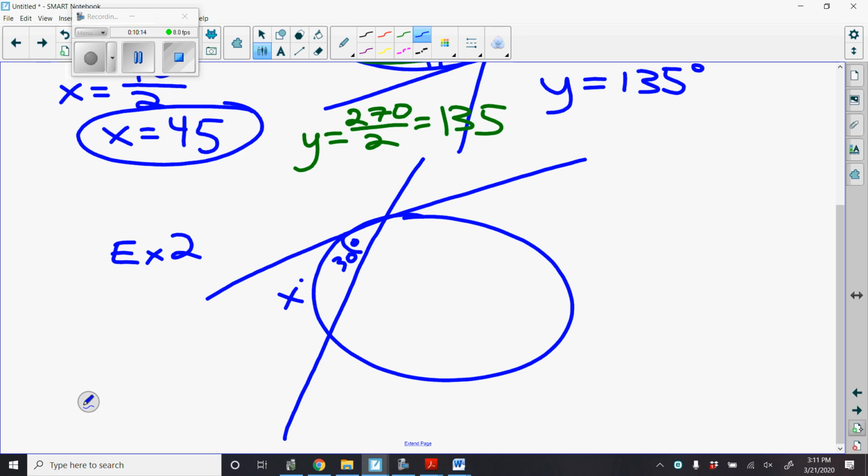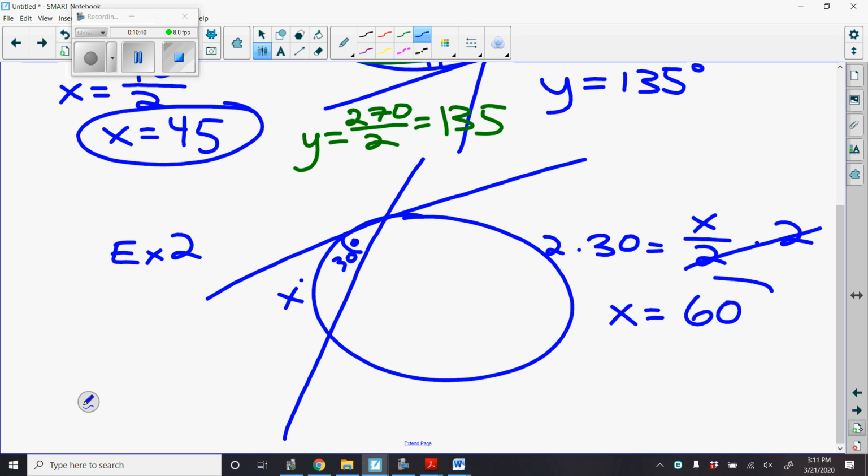What would that bend be? Well, if you say 15, you're not thinking about this correctly, okay? Because it has to be angle equals bend over 2. This time I know the angle is 30, so I'm going to say angle equals bend over 2. How do I solve for x? Well, now I got to multiply by 2, and I get that bend to be 60.